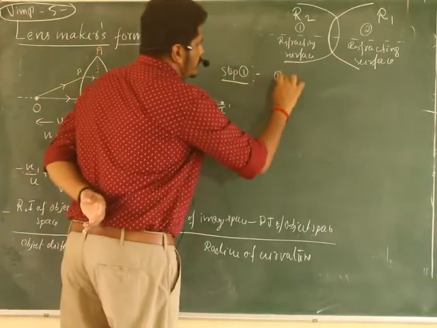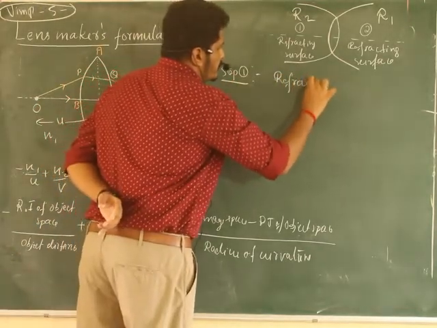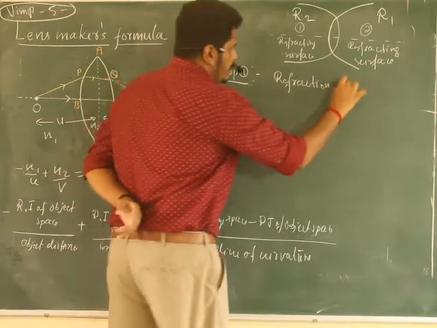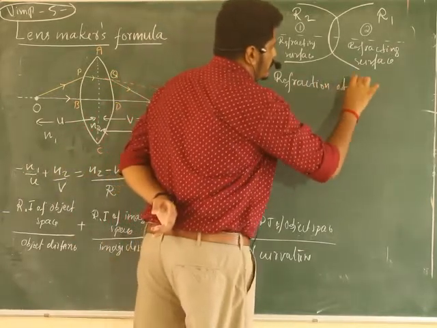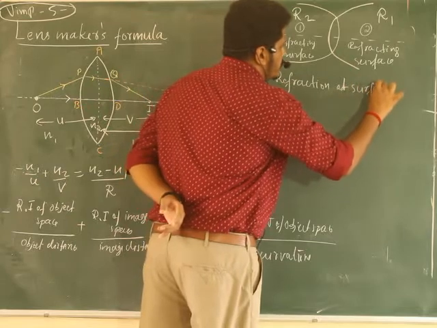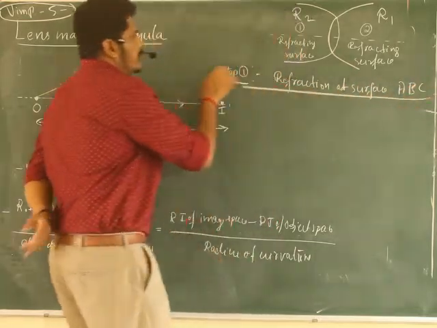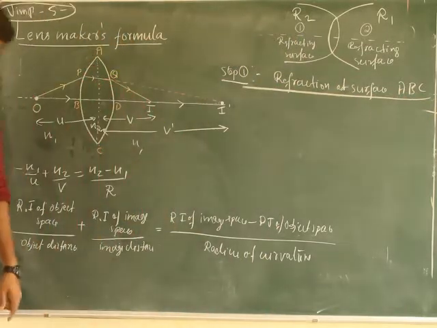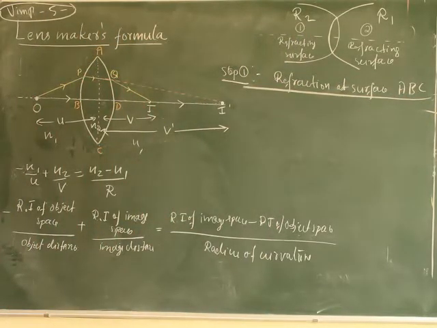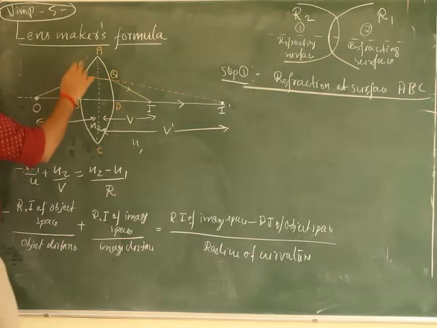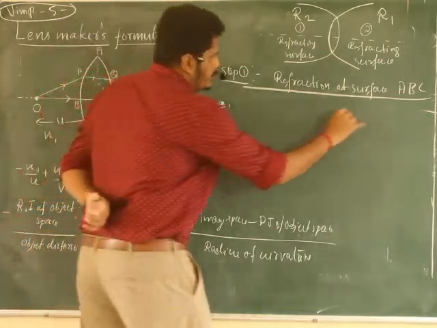Step 1, we have to write refraction at surface ABC, okay? So refraction at surface ABC, you can see, I will just show the diagram, okay?